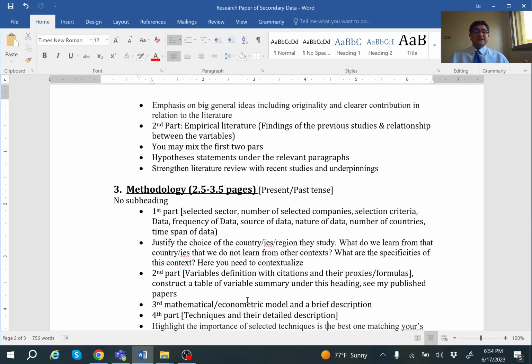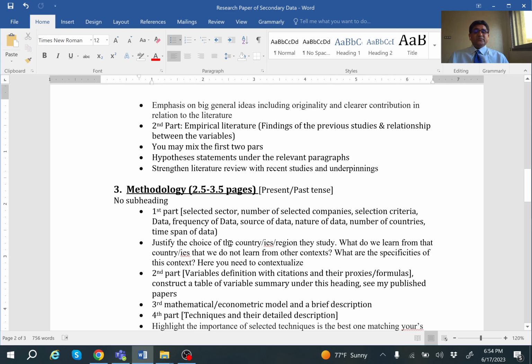Then we need to provide justification for why we selected those countries, what the problem in hand is, why we select that sector, and what the issue is in that sector or industry, country, or population related to your study variables. So you have to justify the choice of country or region that you have studied.